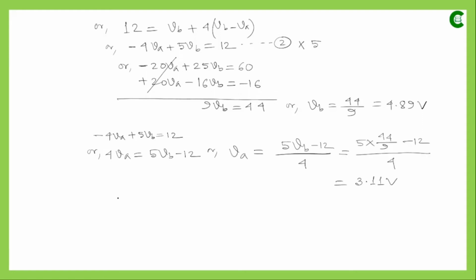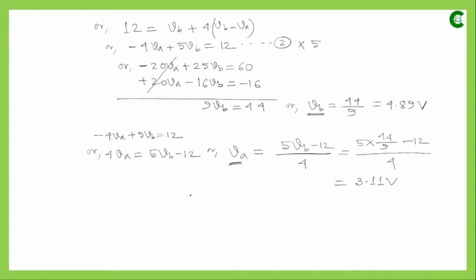So what we can see here is that the potential of point B has a higher value, which is 4.89, and the potential of point A has a lower value, and that is 3.11. That means point B is at higher potential and point A is at lower potential.